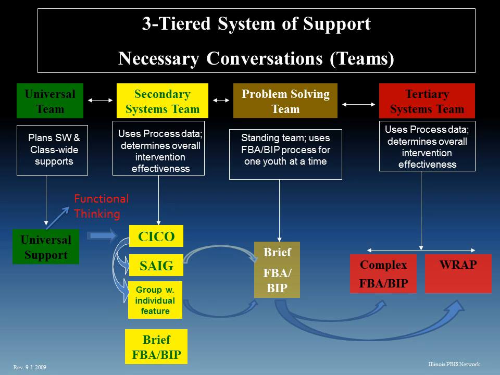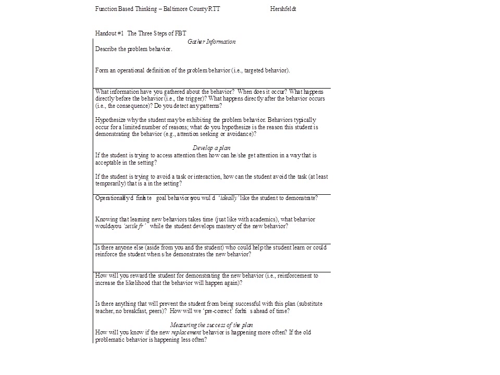If it's not working, we could do a brief FBA and revisit maybe a different intervention, or beef up the intervention that we already have in place, and go through that cycle. And if it's still not working, we could then go into a more complex FBA at the Tier 3 level. But this is just a visual for us to conceptualize that.